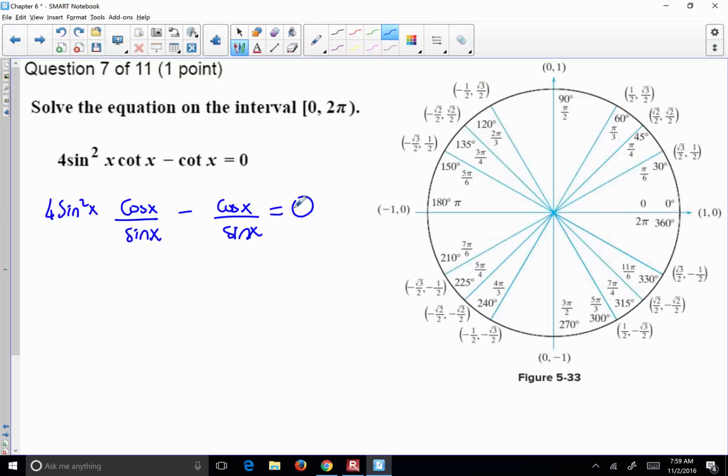Next. Yes, I can. Cancel one from here, one from there. So all I have on the left side is 4 sine x cos x minus cos x sine x.